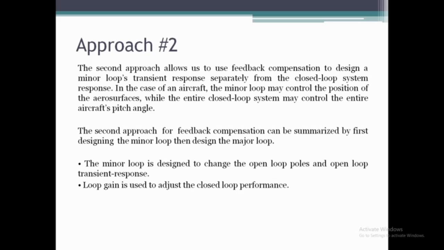So the second approach for the feedback compensation can be summarized by first designing the minor loop, then designing the major loop. The minor loop is designed to change the open loop poles and open loop transient response. Loop gain is used to adjust the closed loop performance.